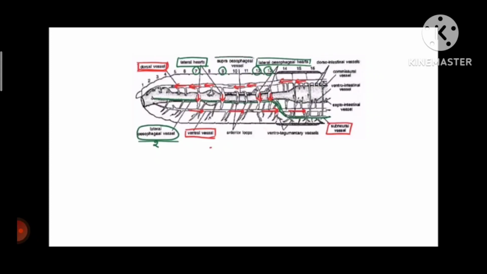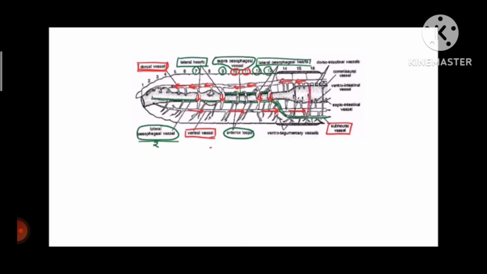Next is supraesophageal vessel. This is the shortest longitudinal blood vessel and is found between 9 to 13 segments. There are 2 pairs of anterior loops in 10th and 11th segments, 1 pair of anterior loop in each 10 and 11 segments.